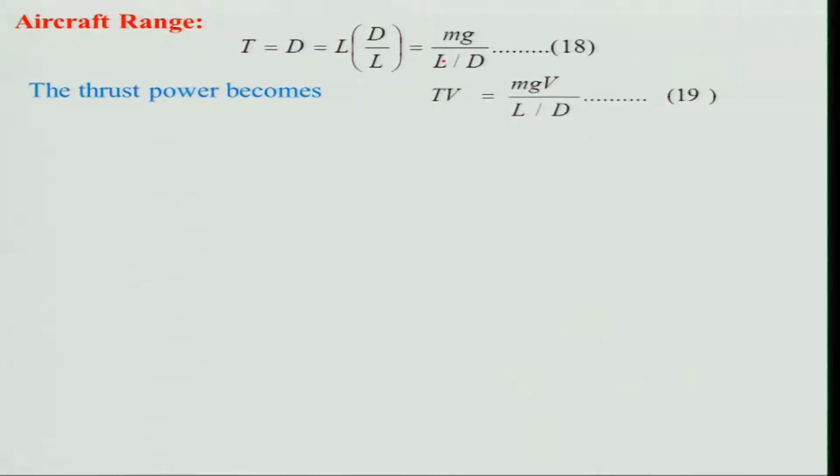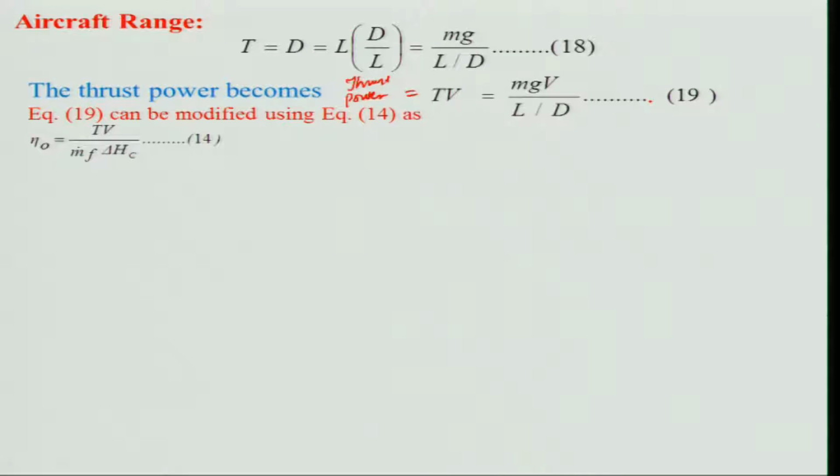That means T into V, that is your thrust power, which is equal to T into V, or mg V by L by D. So, we will have to look at this equation 19, which can be modified using the overall efficiency, because overall efficiency is nothing but the ratio of thrust power and the amount of heat released due to combustion, due to burning of the ATF, aviation turbine fuel in the case of aircraft, but in a rocket engine there might be several kinds of fuel.